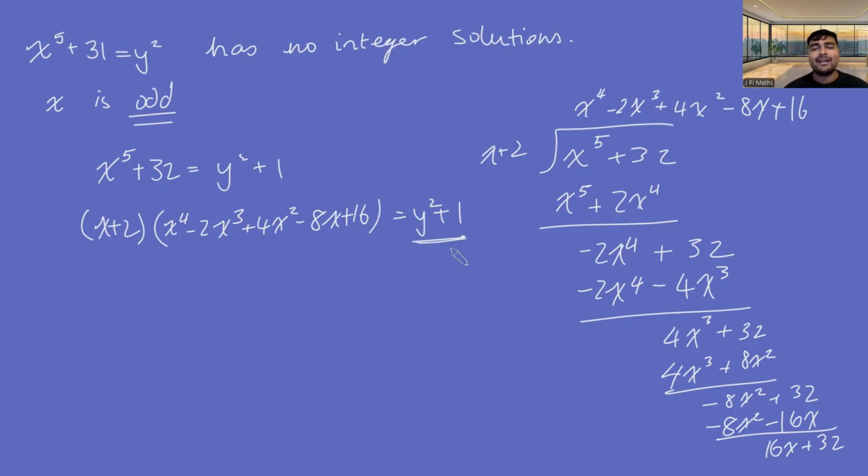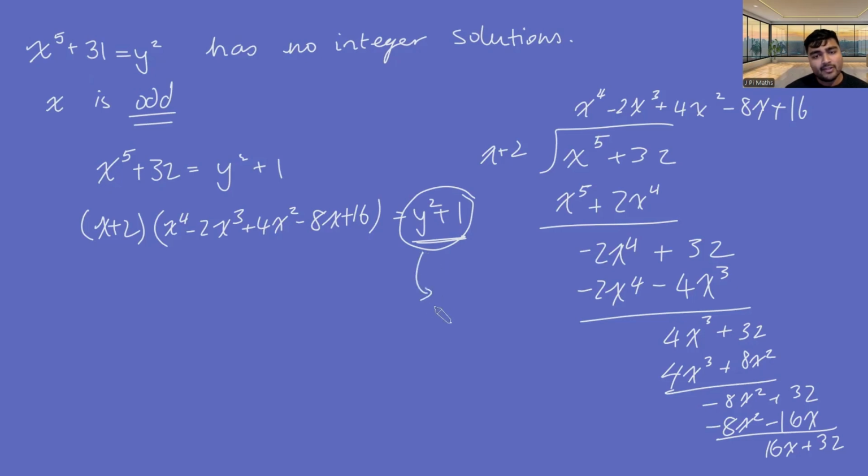We're going to use a fact from number theory, and in particular, an area of number theory known as quadratic residues. So I'm not going to go into too much detail here. If you've not seen this before, I encourage you to look up quadratic residues. But this right-hand side here is y^2 + 1, so it's one more than a square number.